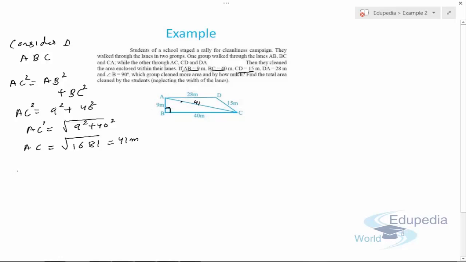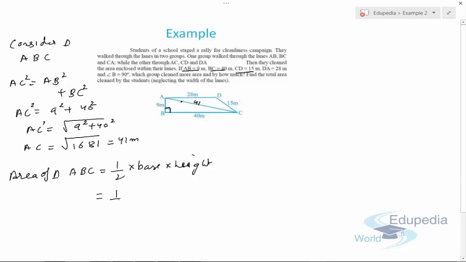Now we can find the area of triangle ABC. Area of triangle ABC will be half into base into height. Why are we applying this formula over here? Because we are given angle 90 degrees, so we can apply this formula directly.